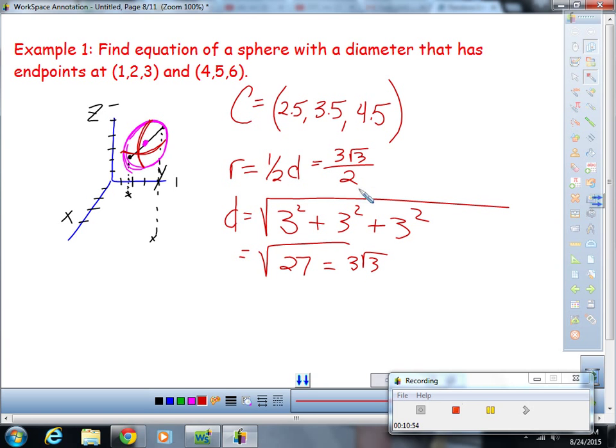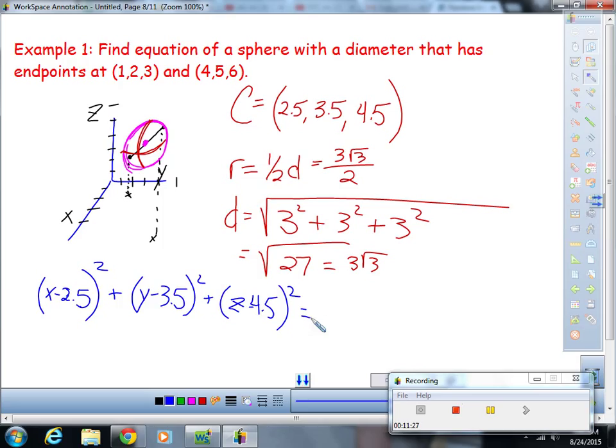So now that we have the center and the radius, we can write this nasty equation as x minus 2.5. Notice that I'm like an anti-math teacher. I'm using decimals and fractions in the same equation because I just don't like to follow that many rules. Okay, r squared, so 3 radical 3 over 2 squared. Oh, 3 radical 3 squared.